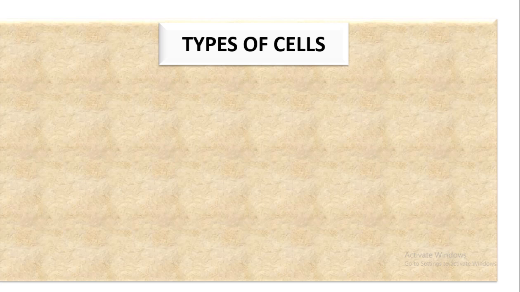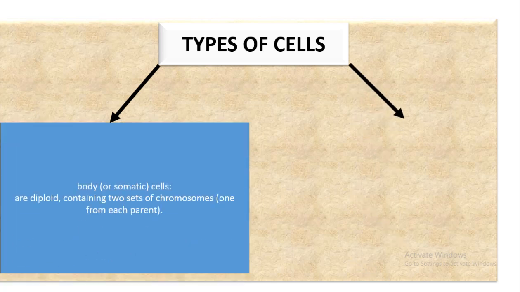So let's talk of the types of cells. We have two types of cells. The first type is the somatic cells, also known as body cells. These can include the nerve cells, the muscle cells, and any other cell which is not a sex cell. This type of cell has a diploid number of chromosomes.